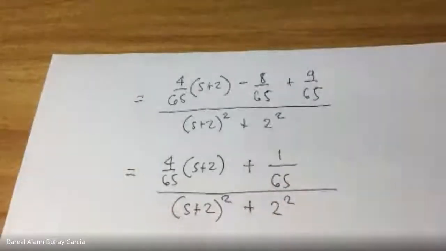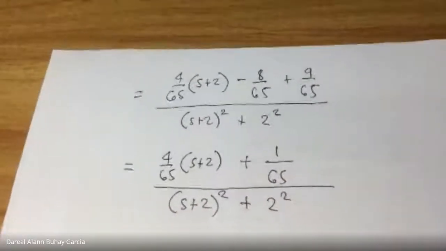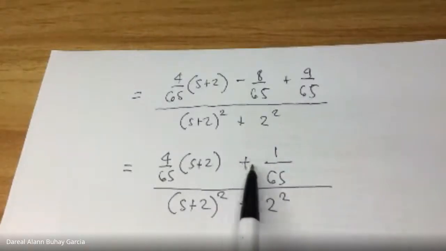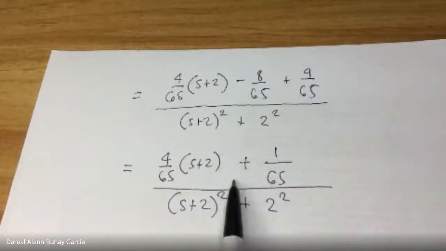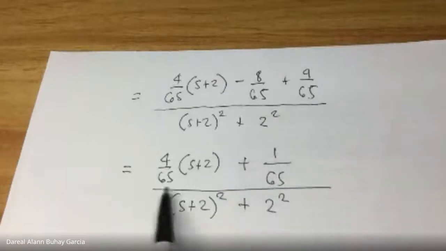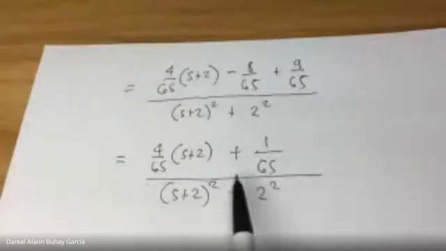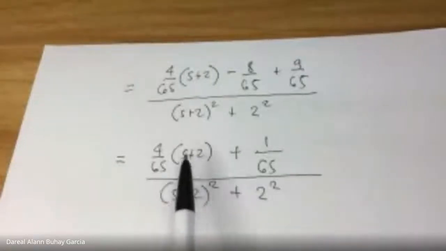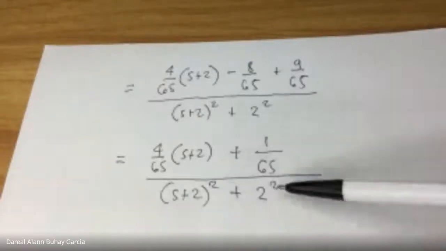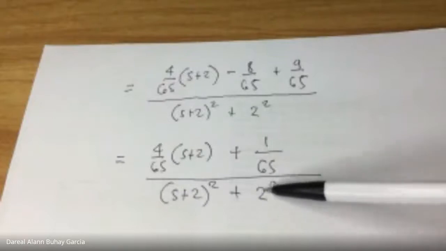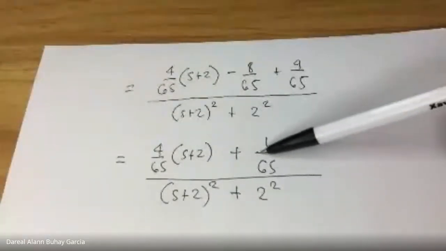For the cosine, for sure, good, since they are the same. For the sine, we're not yet good because A is not the same. Our A is 2, while the numerator is 1 over 65.